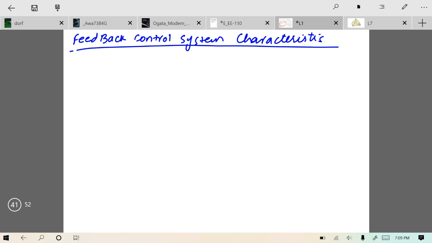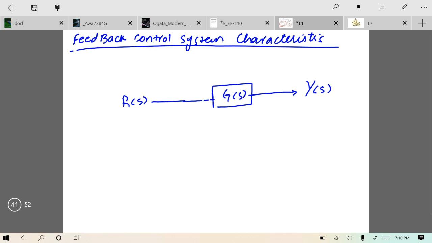If I draw an open loop system, it would be like this: you have some R of S over here, and then you have G of S, and then the output Y of S. We have an input R of S, it goes to a process G of S, and it generates an output Y of S. So this is a typical example of an open loop system.